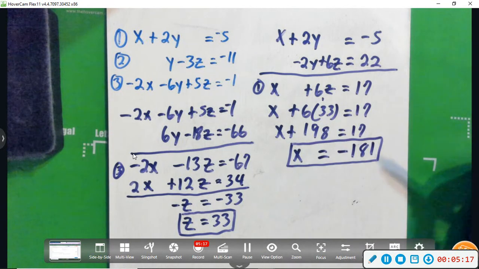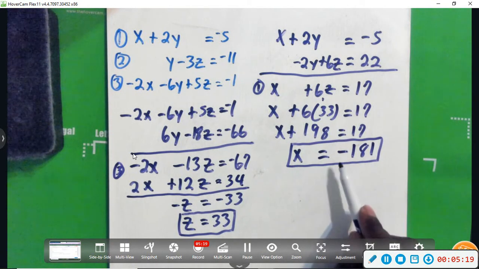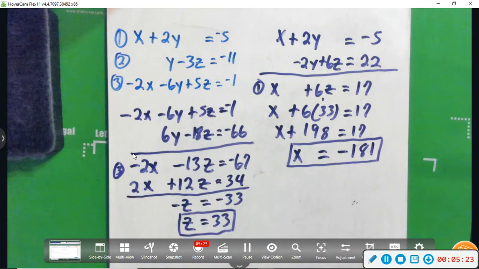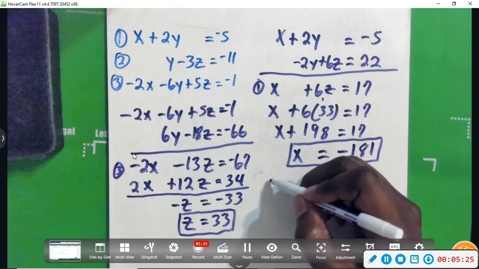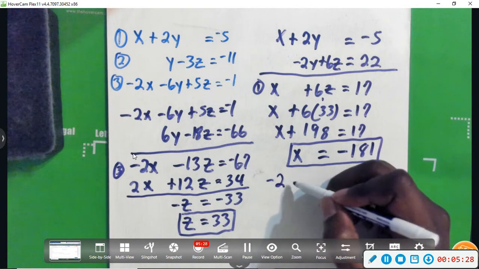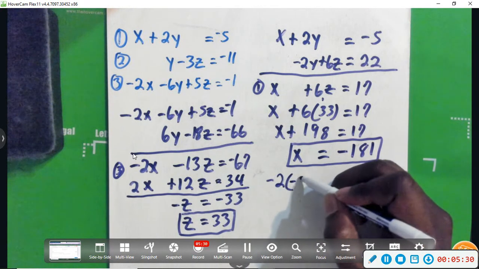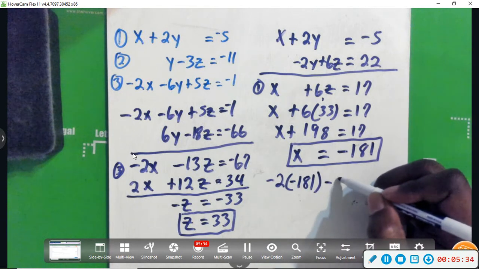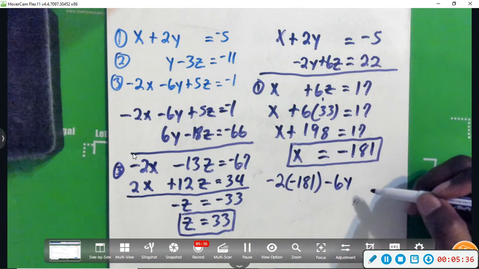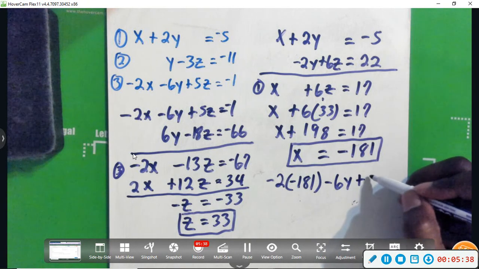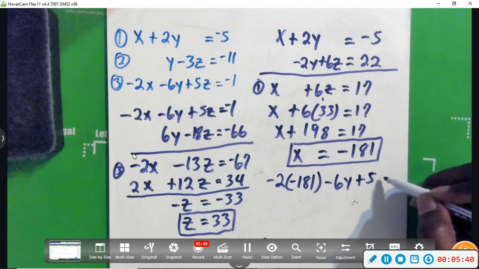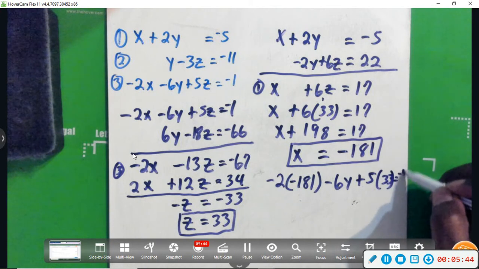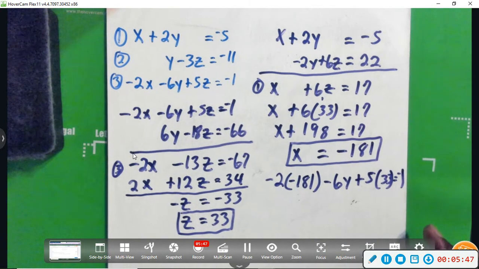Okay, and now we will take these two, x and z, plug it into the third equation so we can get all three. So we have a negative 2 times negative 181 minus 6y plus 5 times 33 equals negative 1. Kind of running out of room there.